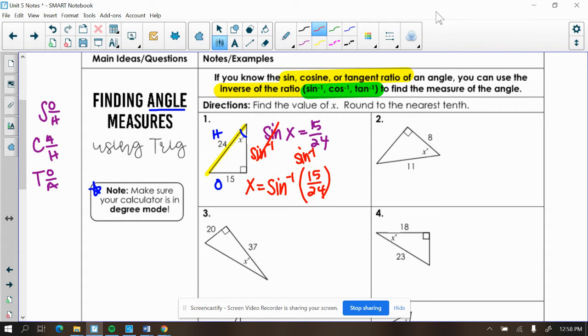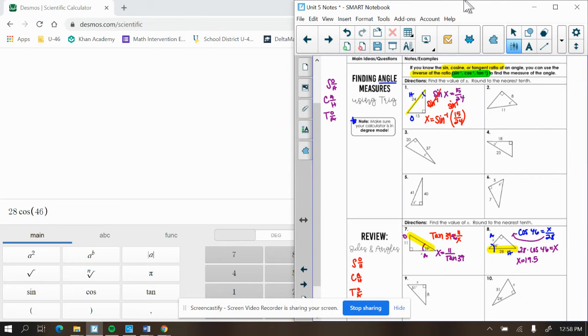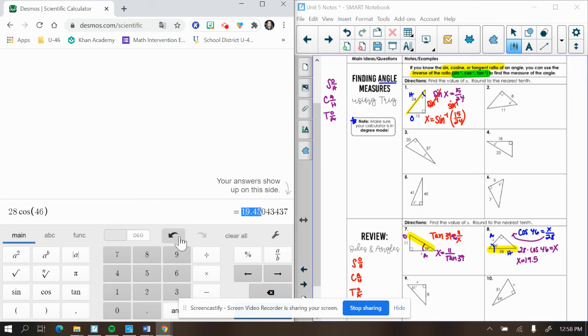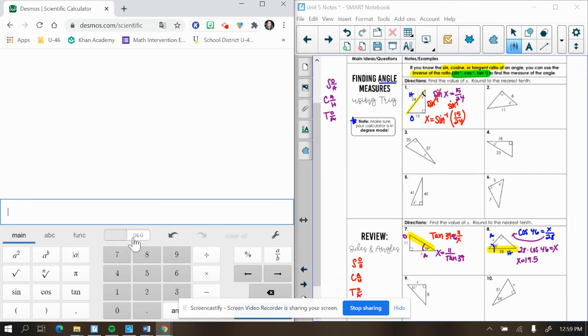Let me split screen this so we can see what we are doing here. Here's how you make sure that your calculator is in degree. Once you pull this up on your Chromebook, it should always be in degree. So what we're going to do is sine^-1 of 15 divided by 24. Well, if you look here, this is just the regular sine.